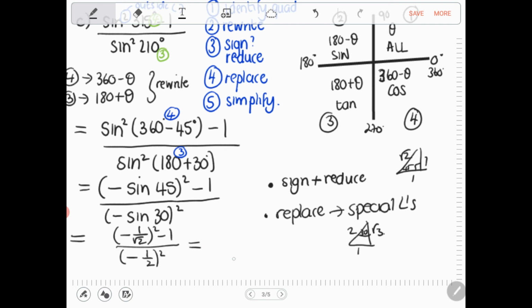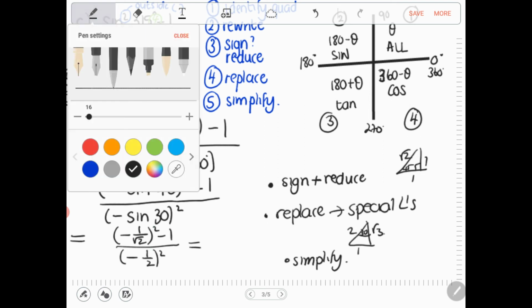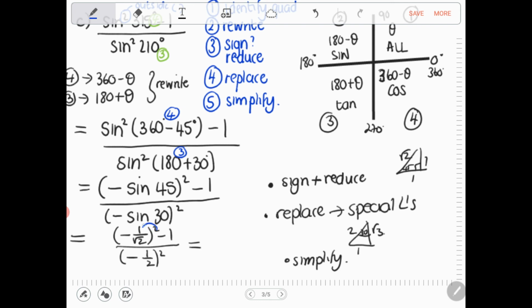Okay, so we've replaced them, and now we're going to simplify using our algebra. So when we square the sine, we square the top, and we square the bottom because it's one term. So that's got to go to all of those, hey? Same at the bottom. So we've got a positive, 1 squared is 1, root 2 squared is 2, minus 1. And that's going to be a positive 1 over 4.